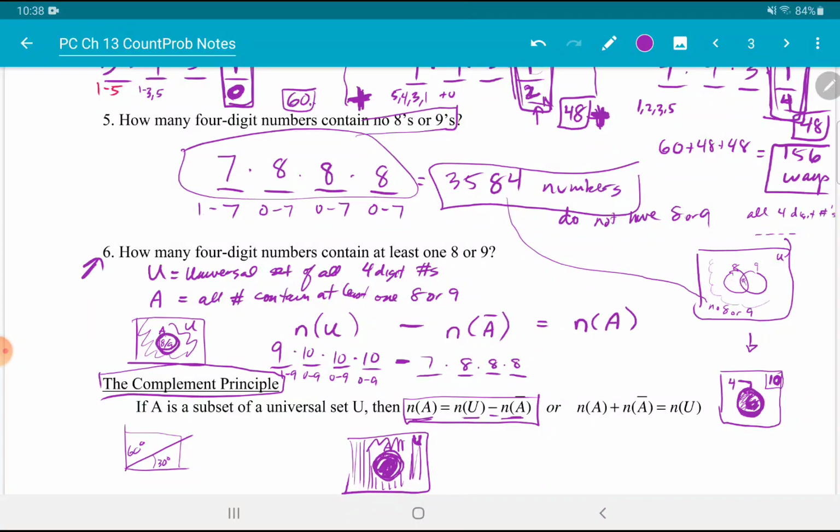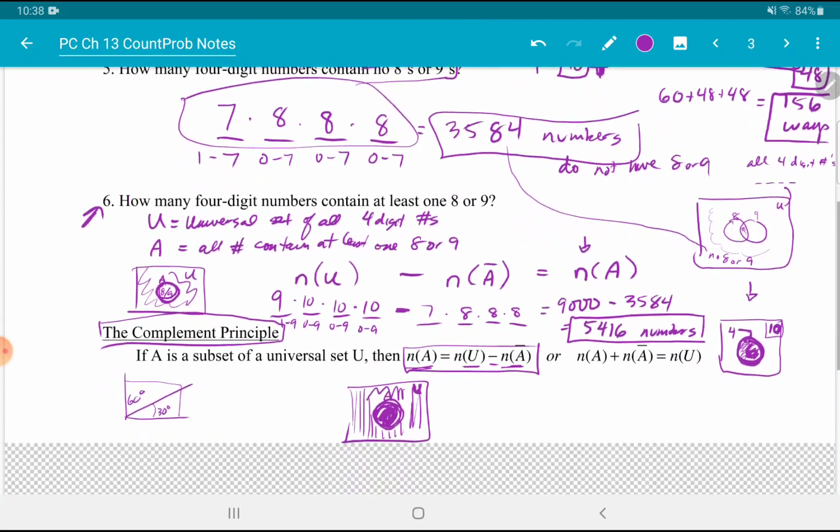Everything left in the circle. Okay, and so if we just calculate that, this is exactly what we want to look for. So what we have is 9,000 minus 3,584. Okay, and then just putting that in, we see that we actually get 5,416 numbers that contain at least 1, 8, or 9. Okay, and that's using something called the complement principle.